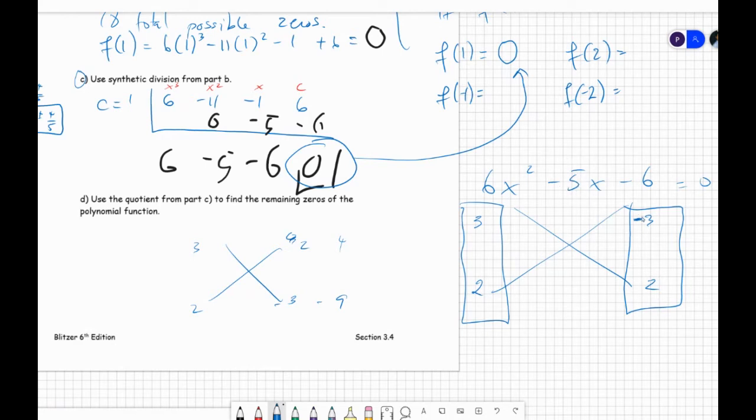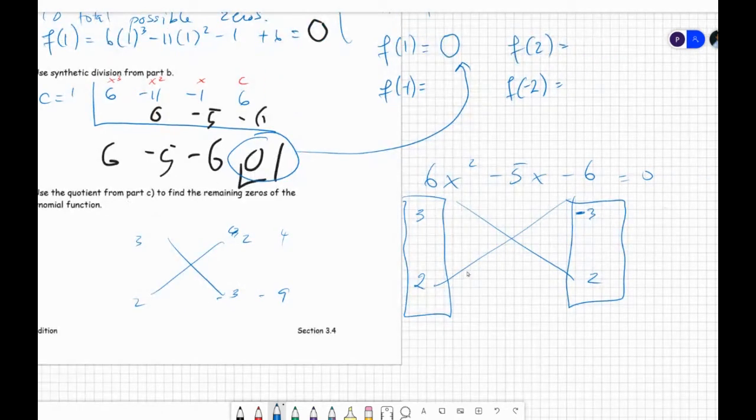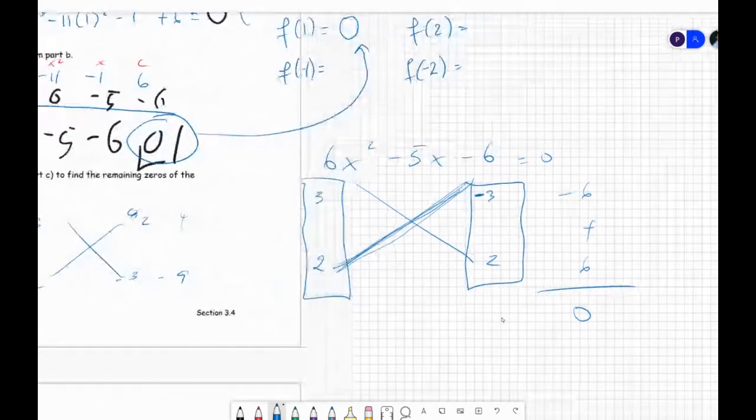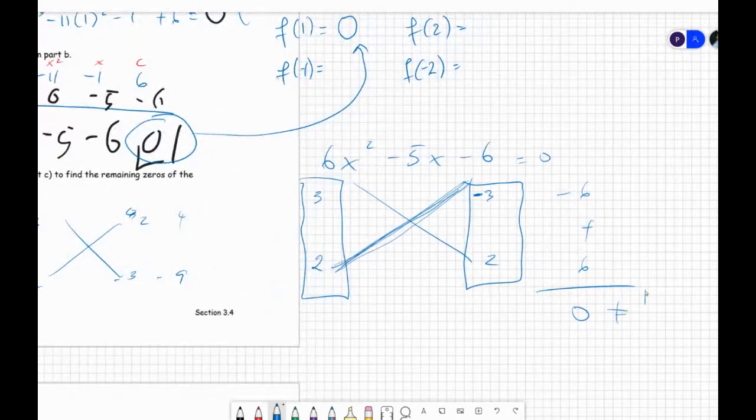That's why the larger factor gets a negative. So let's check to see if this is indeed the correct value. To do that, we're going to multiply across this line right here. So that's 2 times negative 3, which is negative 6, and 3 times 2, which is positive 6. Now, if I add this together and it equals b, I'm done, but this is not b here. So this is the wrong choice.